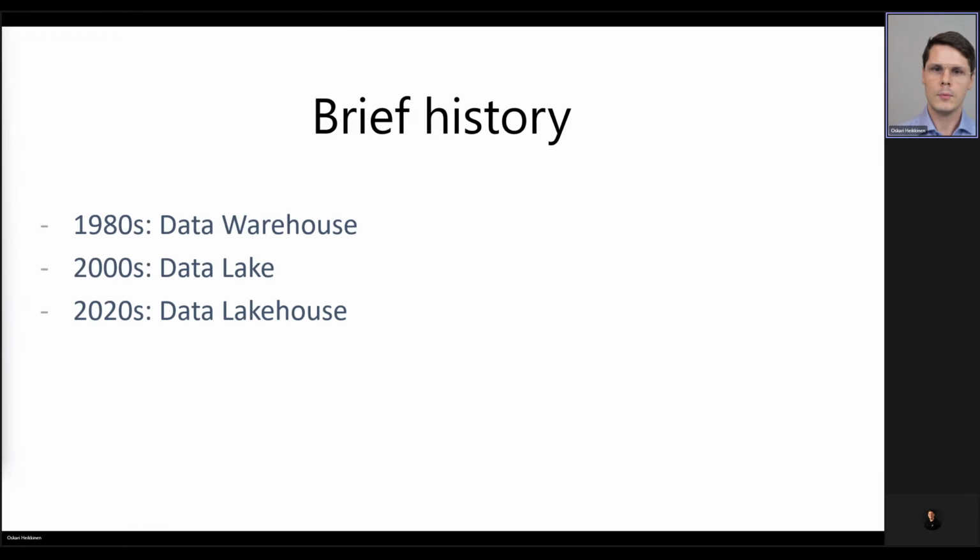So the point of data lakes was not to compete with relational databases. Instead, the idea was that those two technologies complement one another really nicely.